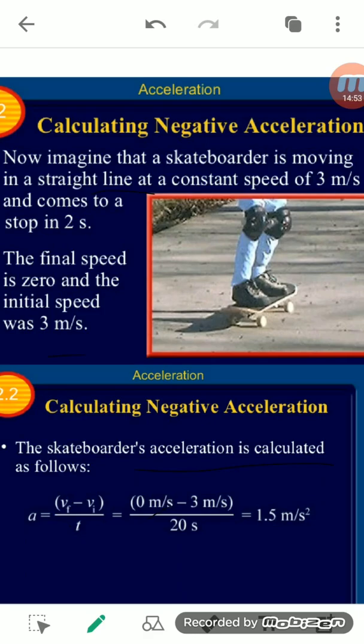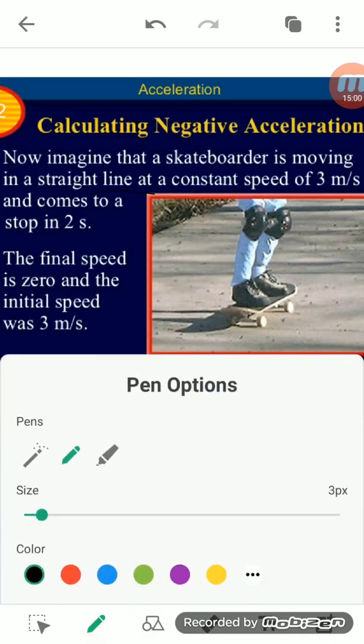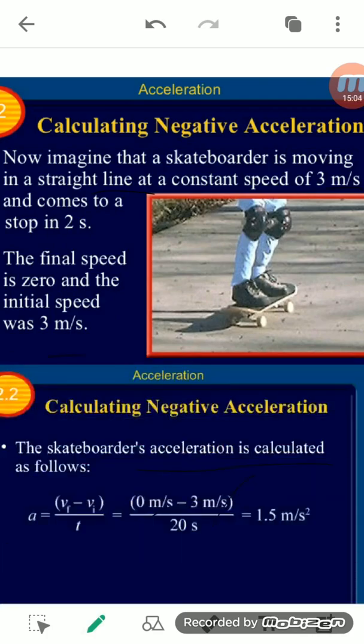The initial speed was 3 meter per second, so the initial velocity is 3 meter per second. And the time here is written as 20 seconds, but actually it is 2 seconds, so it must be 2 rather than 20.